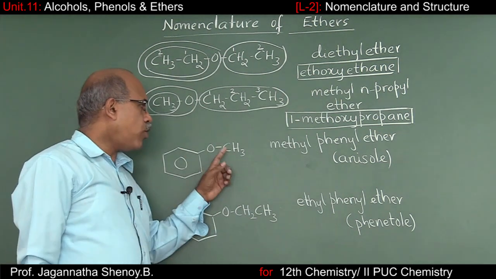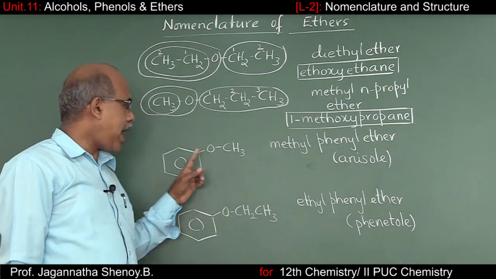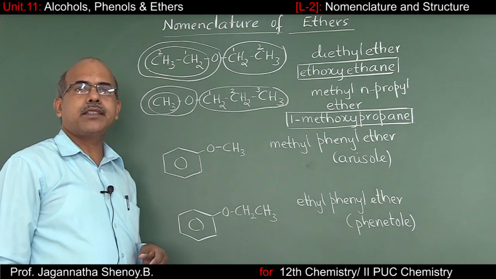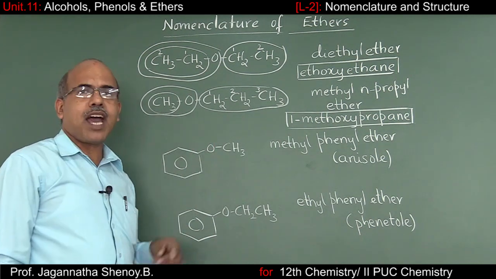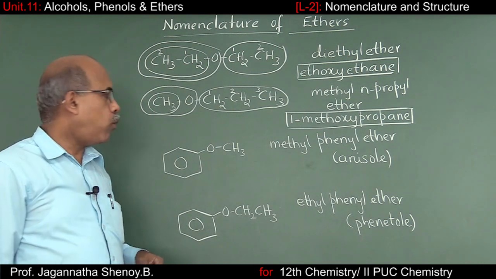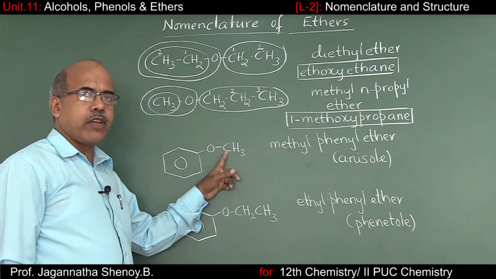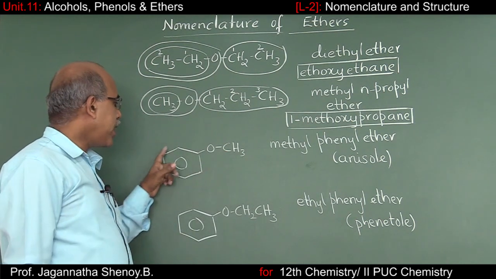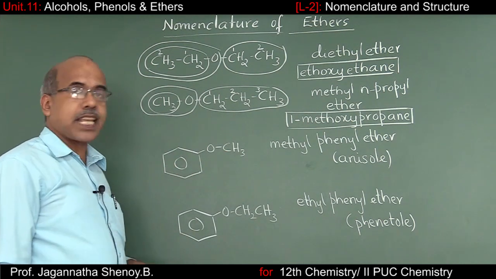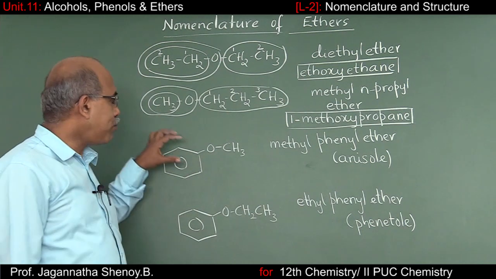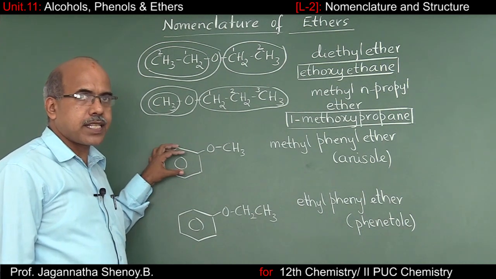Let's move over to this. Whenever you have an open chain and a cyclic part, you know that the number of carbon atoms will decide what should be the parent hydrocarbon. Here you have only one carbon atom, but in the ring system we have 6 carbon atoms. So we have more carbon atoms in the ring system.